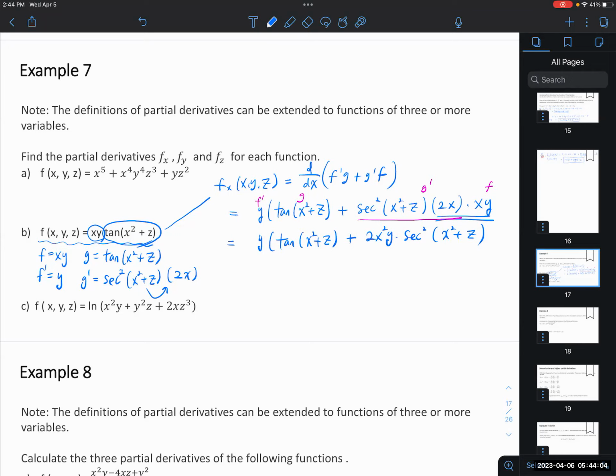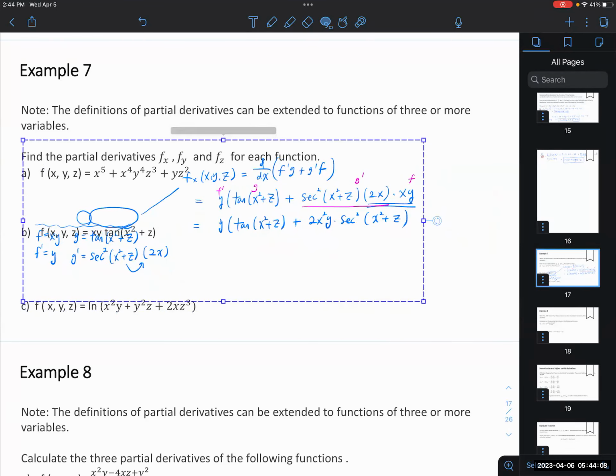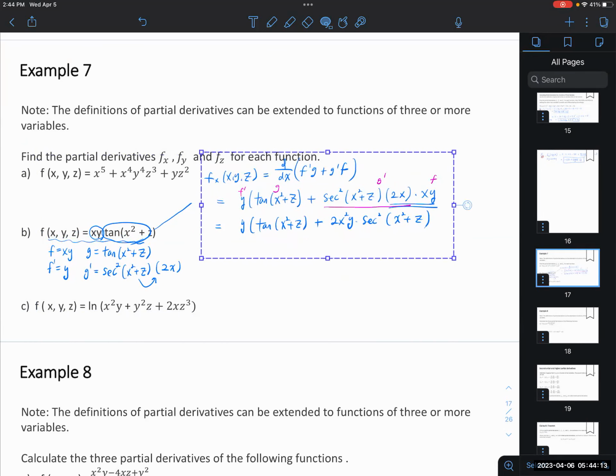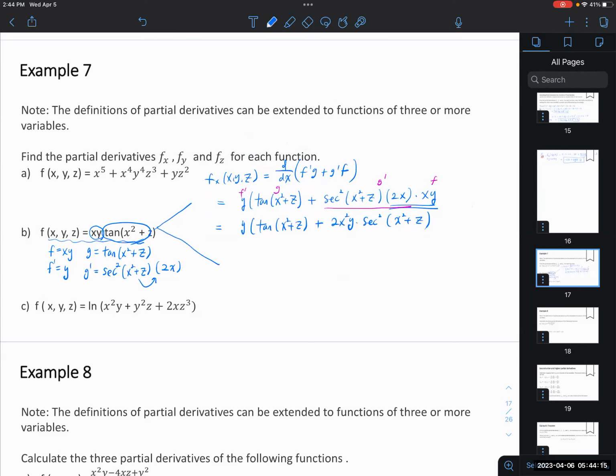I can do the y variable one more time. We have to do all three, x, y, z. All right, let's do the y. f y of x, y, z. So same thing, d over dy, but this time we have to do the dy.